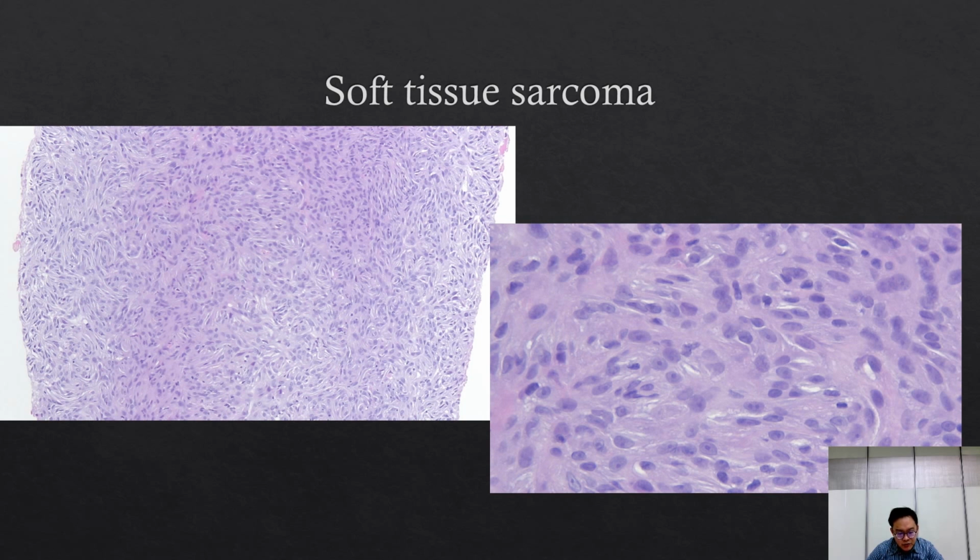But even within sarcomas, the variation is quite a bit from one type of sarcoma to the next. You can see here they form what we call bundles and streams, versus little islands and tubules in the carcinoma or adenocarcinoma.